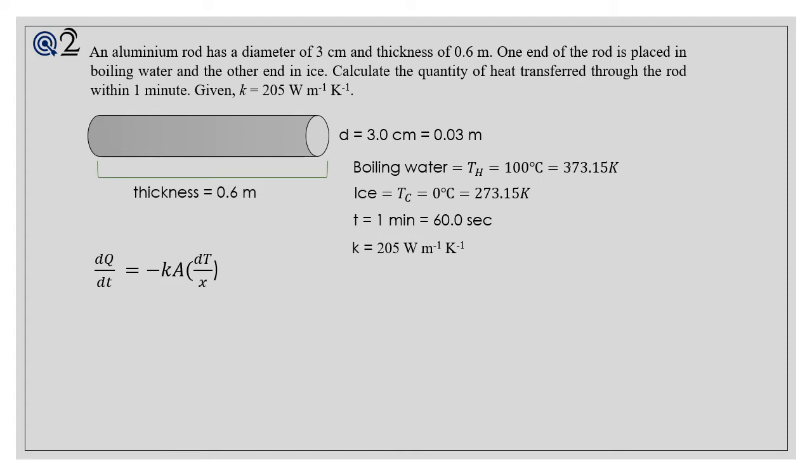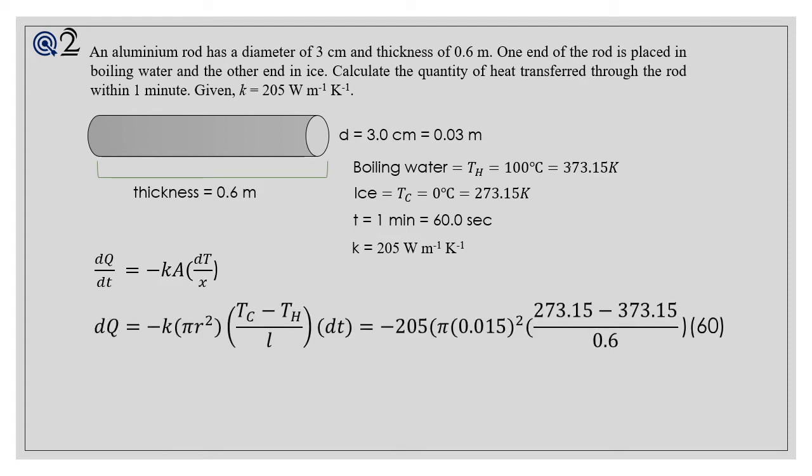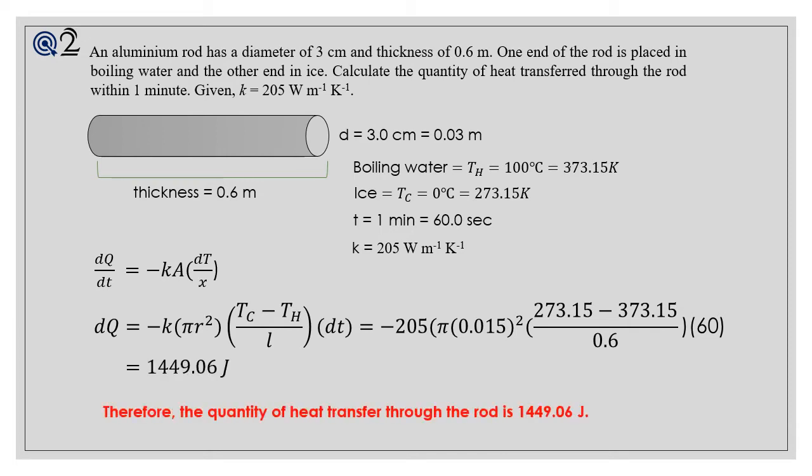Applying the rate of heat transfer equation, where the cross-sectional area of a cylinder is a circle, which is pi r square. Substitute the other values, and therefore, the quantity of heat transfer through the rod is 1449.06 joule.